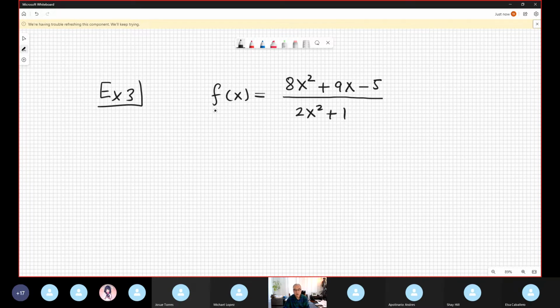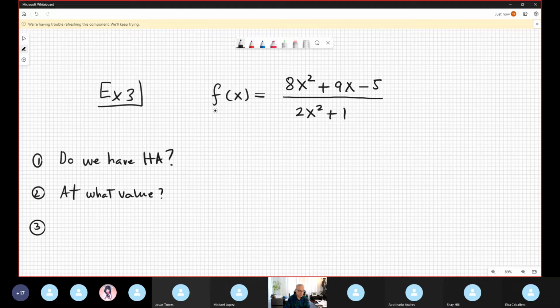So my question is, again, question 1, do we have a horizontal asymptote or not? Question 2, the y value. Yes, I have question 3, which is the new one that I want to illustrate.